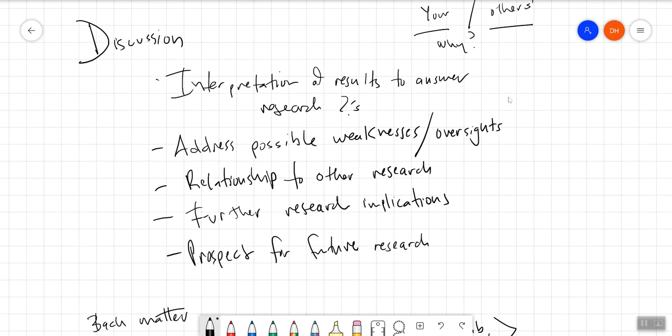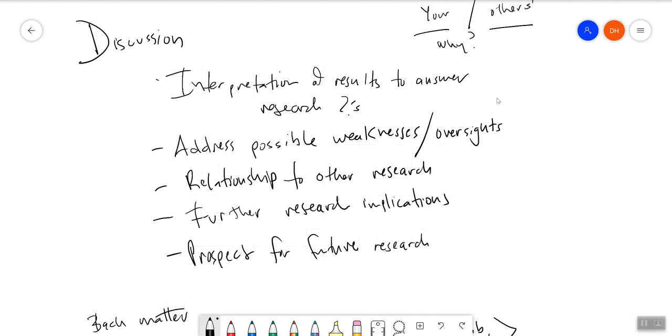Now, discussion. Interpretation of results to answer research questions, okay? Now, this question of why, like maybe your results differed from others. Here in the discussion, you can actually address implications of why. Here, you're trying to do an interpretation of the results to answer the research questions, right?